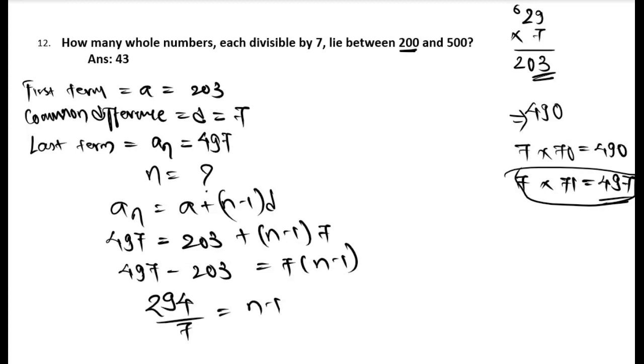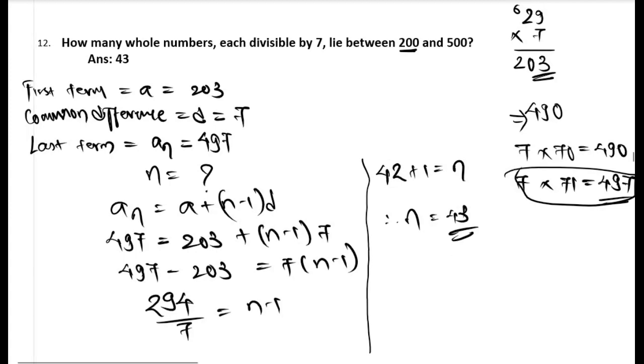Now if you divide this, what you will get? 7 fours are 28 and 7 twos are 14, plus 1 is equal to n, and therefore n is equal to 43. So there are 43 whole numbers between 200 and 500 which are divisible by 7.